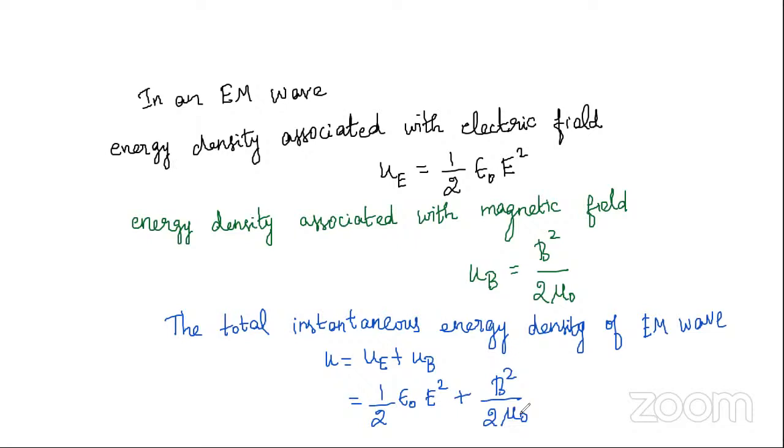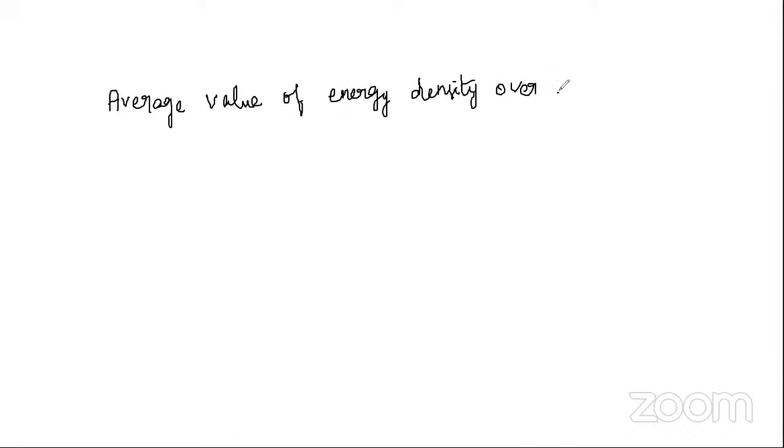The average value you can find from this equation, if you want the average value of the total energy density over a long period of time. It can be represented by U average.